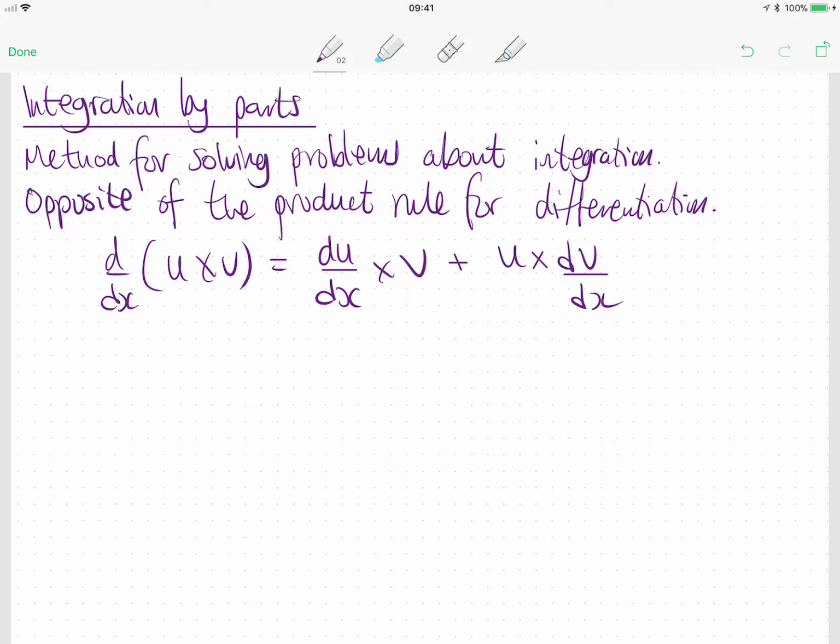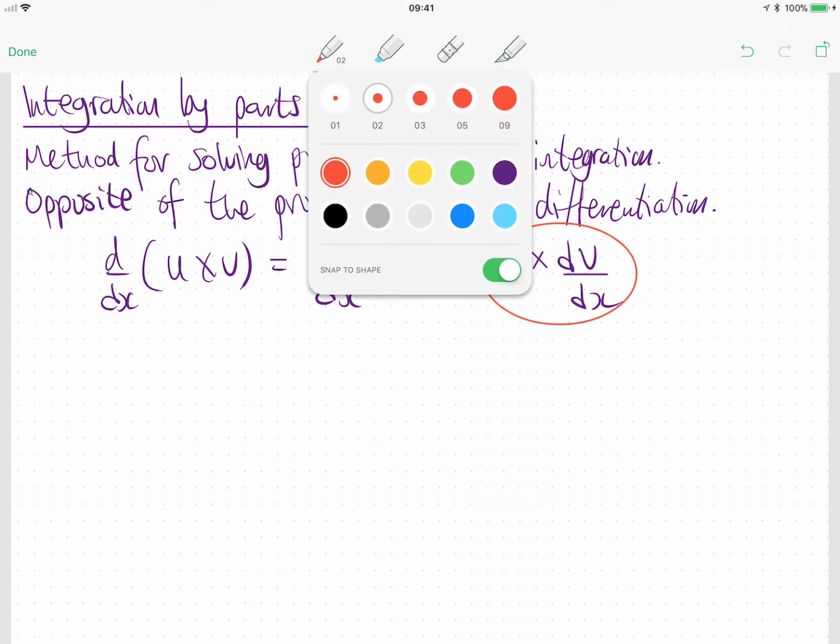So what we're going to do is rearrange this and make the subject U dv dx.